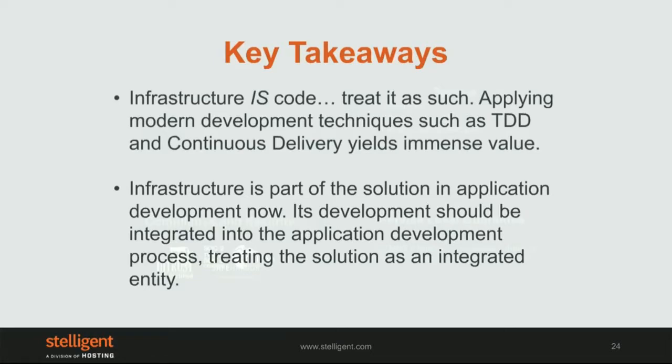And as we treat it that way, we find that applying modern development techniques such as test-driven design and continuous delivery yields immense value to having a secure infrastructure environment. And also, now that infrastructure is part of the solution in application development, the development of infrastructure code should be integrated into the application development process.